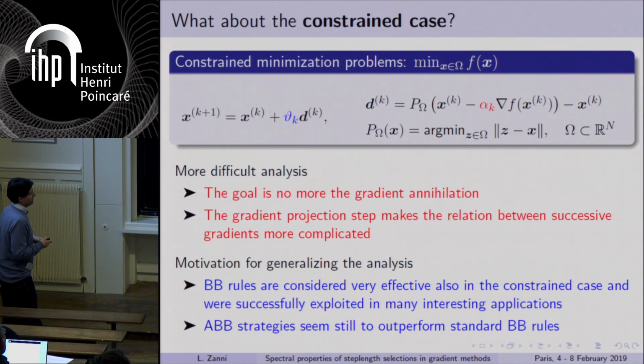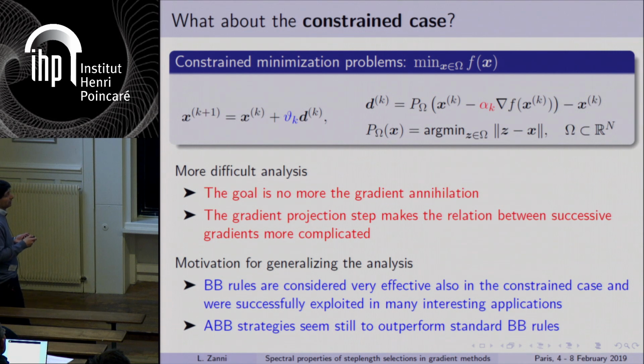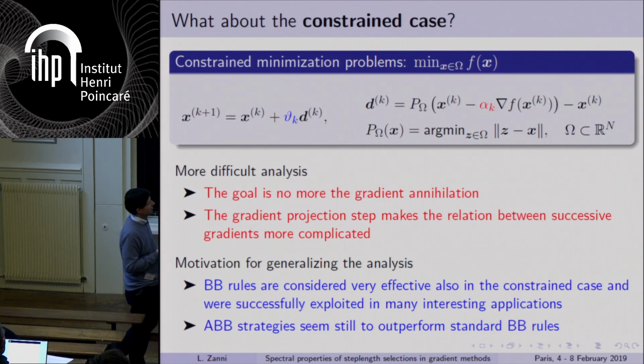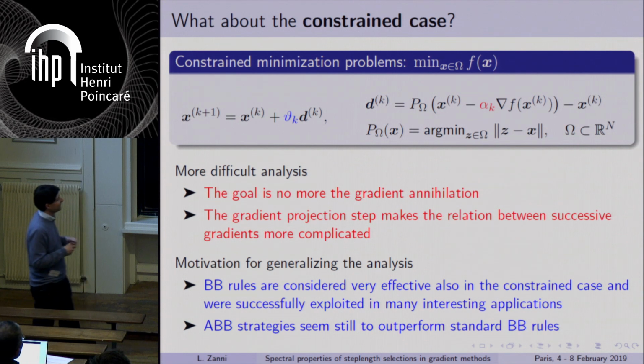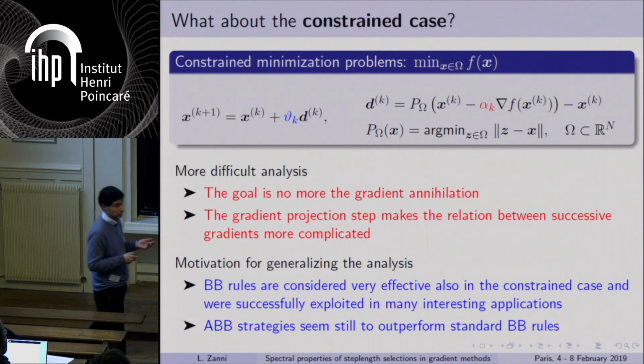However, there are many works in which the Barzilai-Borwein rules are used also in this constrained context. And in particular, there are results that confirm that the alternating strategy, also in this constrained case, works better than the single use of a standard Barzilai-Borwein rule.